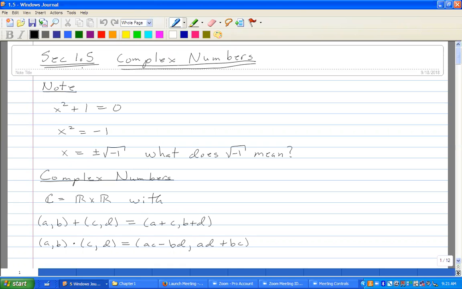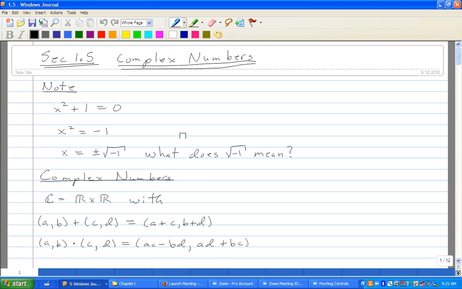Section 1.5, complex numbers. Note that if I tried to solve the equation x squared plus 1 equals 0, then x squared will equal -1. But that means by the square root property that x is equal to plus or minus the square root of -1. So what in the world does the square root of -1 mean?